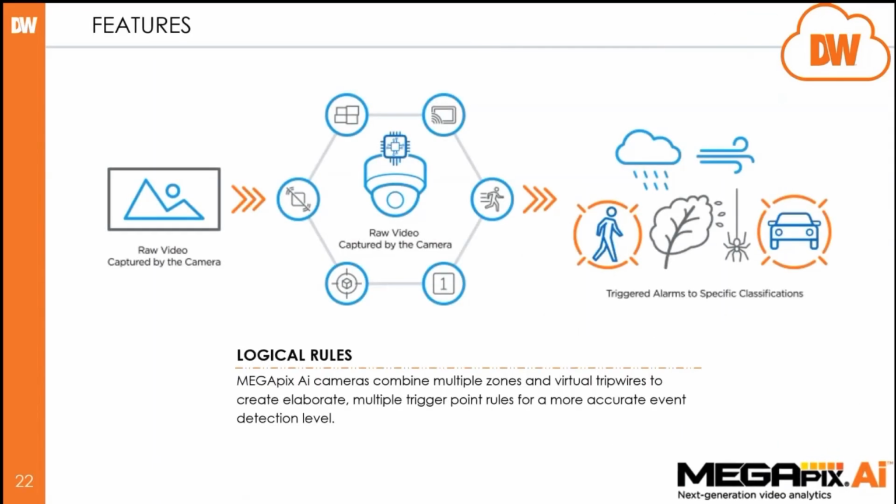Logical rule allows you to combine different zones, line crossings, or whatever to create even more accurate event detection. So example, you could have a line cross in the distance detecting people, but only when they hit the intrusion zone, which is closer to the camera, which is also detecting, let's just say only people, does it create an alert. And this can be a phone notification, an email, an alarm, or an announcement.